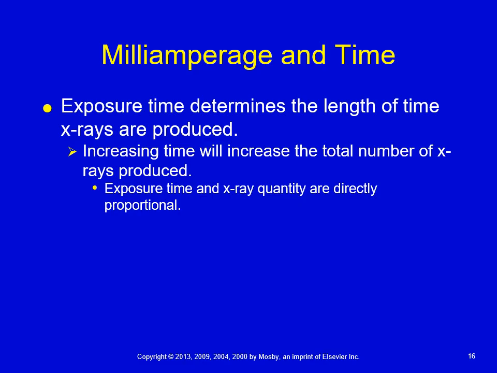The same thing happens with time, or when MA and time are together. The length of time that the X-ray beam is on, so the length of time that the tube produces X-rays, which we look at in seconds, the more X-rays will be produced, so to speak.